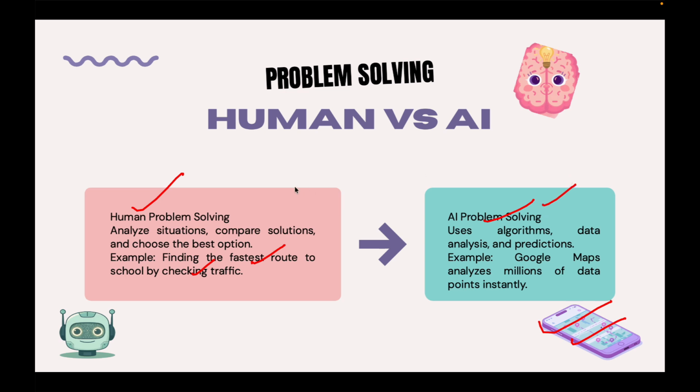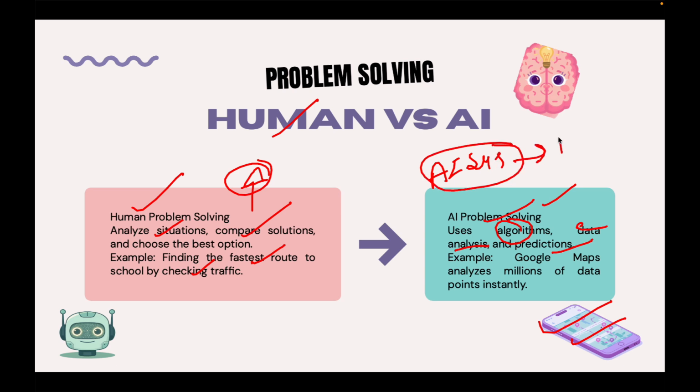The main thing here is analyzing the situation, comparing solutions, and providing a solution for whatever is faced by a human. That is the way a human solves a problem. But if you compare with AI, AI uses algorithms, data and analysis, and then predicts the outcomes. Whatever training and data is given to that particular AI system, only on that basis will it provide you the results.